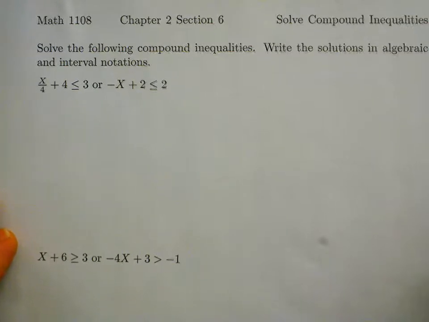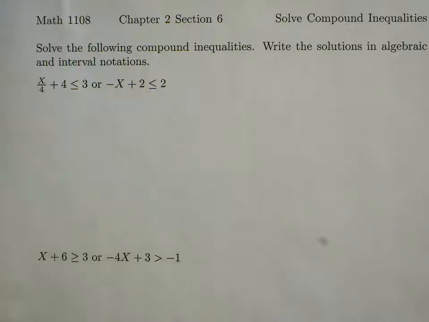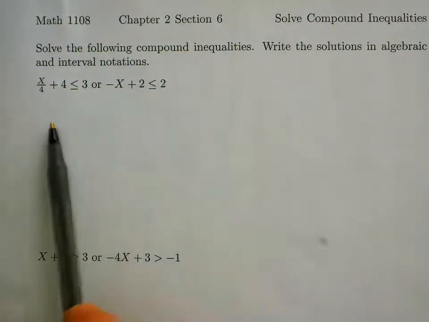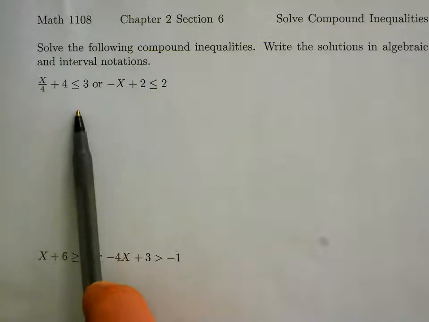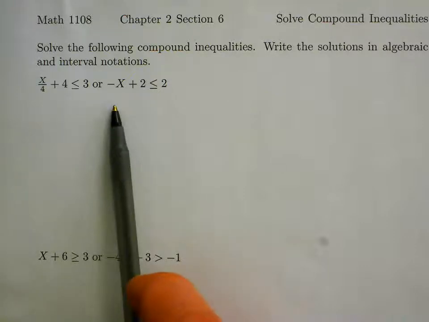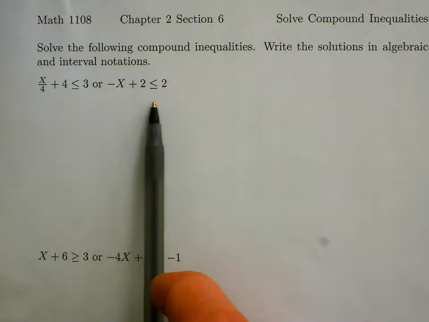Okay, solve the following compound inequalities, write the solutions in algebraic and interval notations. So in this one, we have x over 4 plus 4 is less than or equal to 3, or negative x plus 2 is less than or equal to 2.